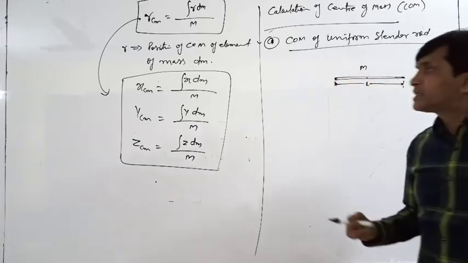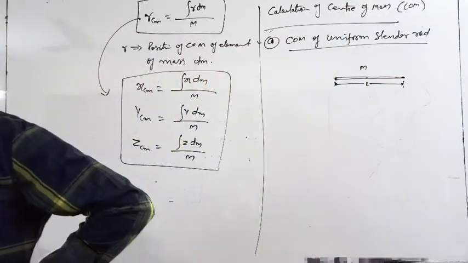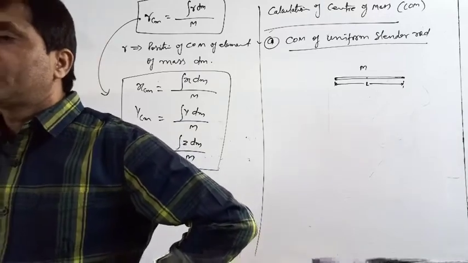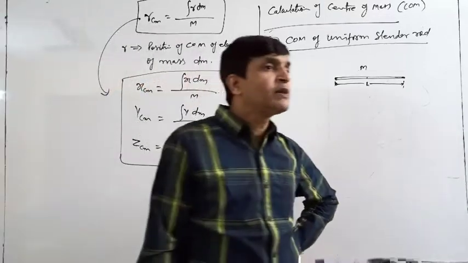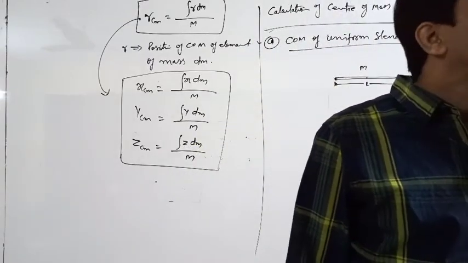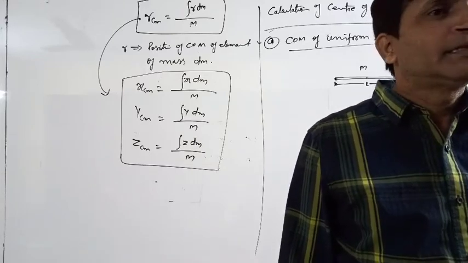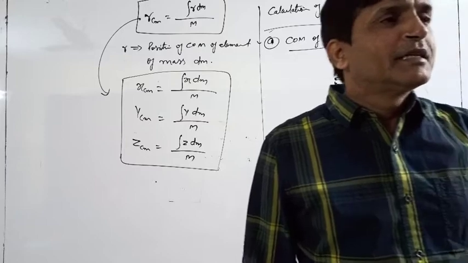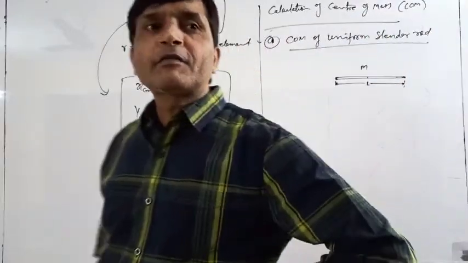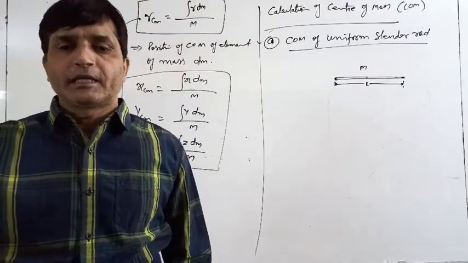Now how to calculate? Is a rod one dimensional, two dimensional or three dimensional? Rod is one dimensional. A rod, what I told here, uniform slender rod.